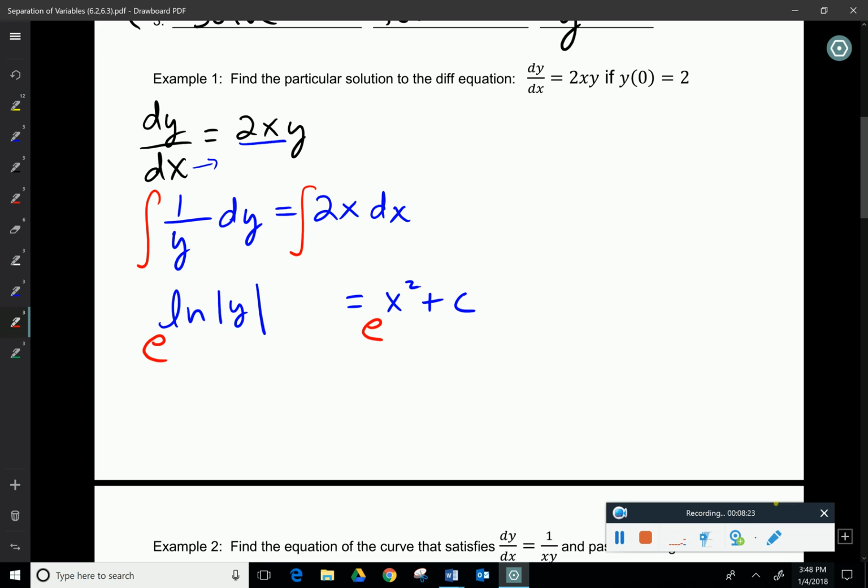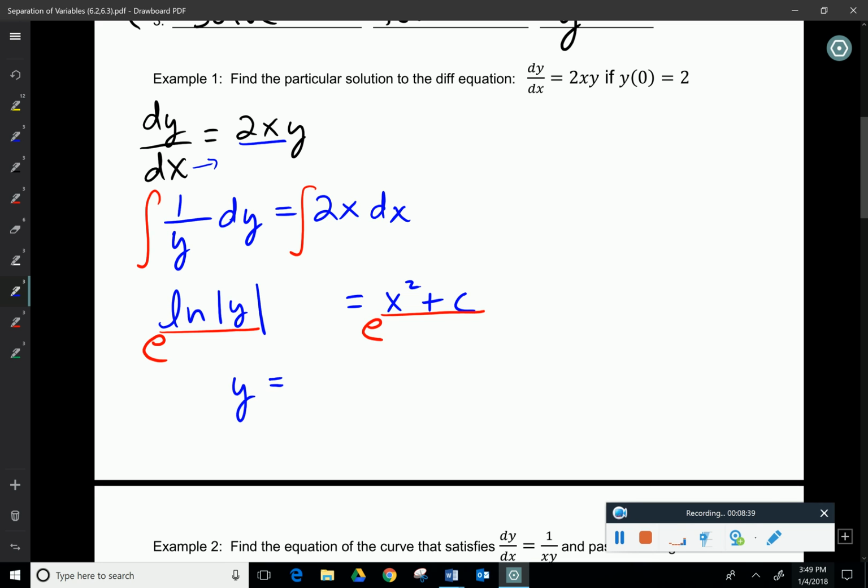So now you have e to this exponent equals e to this exponent, right? Because on the left side, if you raise e to a natural log, isn't there a shortcut where those cancel? And so now the left side just equals y.